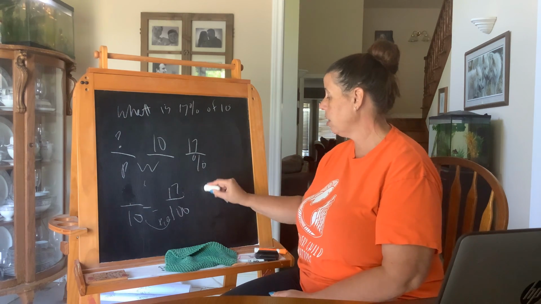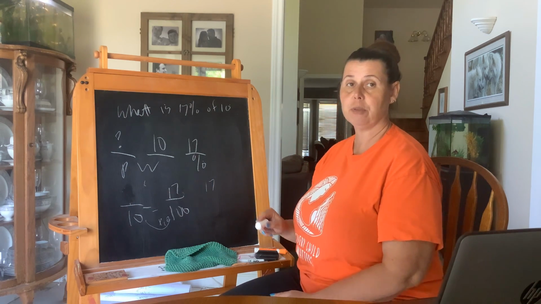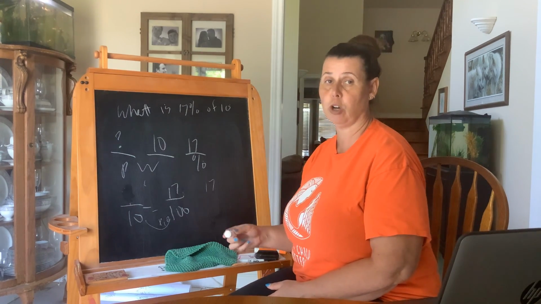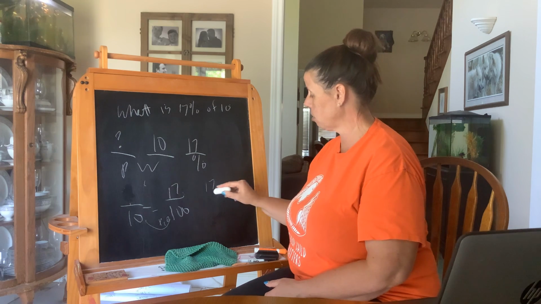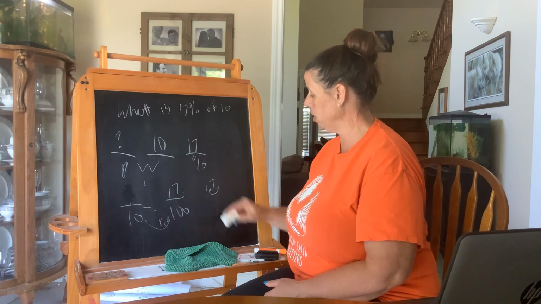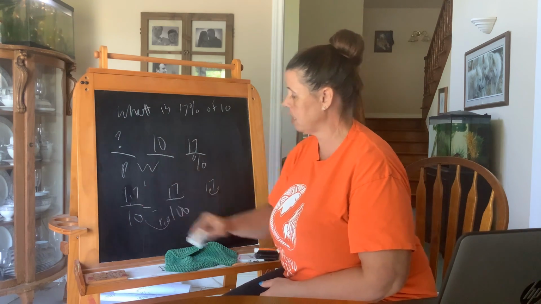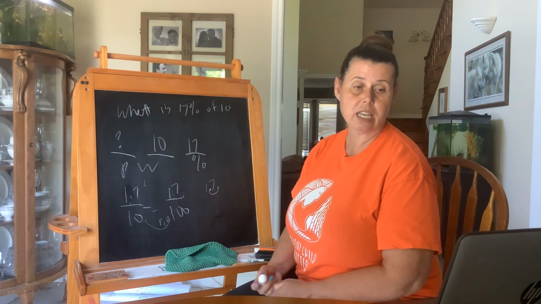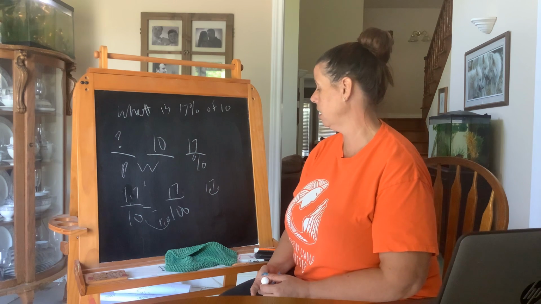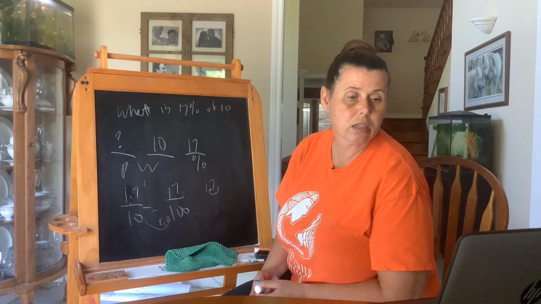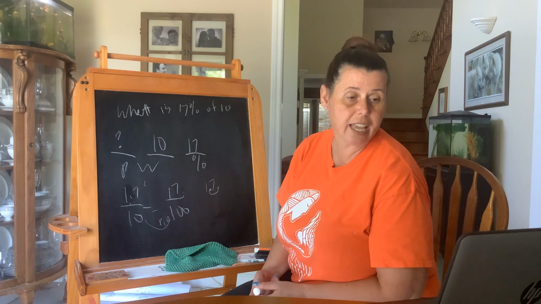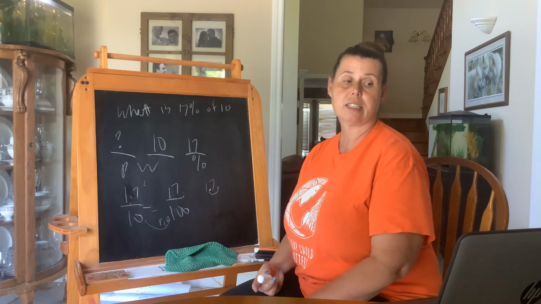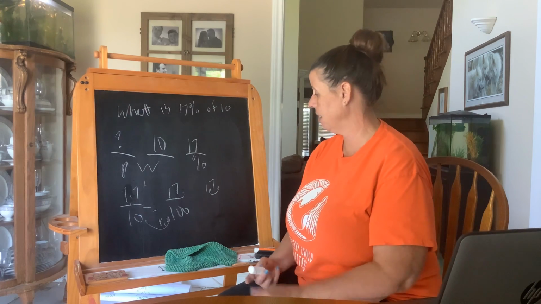Or we know by the math we've been doing for the last while that if I divide something, it's going to be smaller. So my decimal would be here, so dividing by 10 means I skip it one place, and I would have 1.7. So 1.7 out of 10. It is 1.7 is 17% of 10.